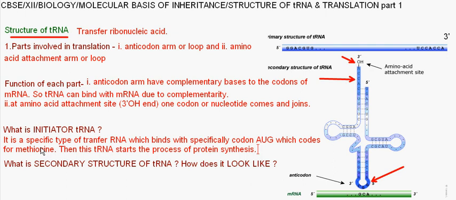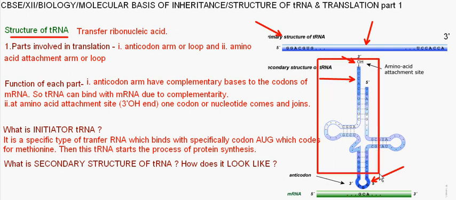Now what is the secondary structure of tRNA? That's the next point. Here you can see this is the primary structure. This one is a single stranded linear structure. Then when it folds, it forms this kind of structure. This is the secondary structure of tRNA.